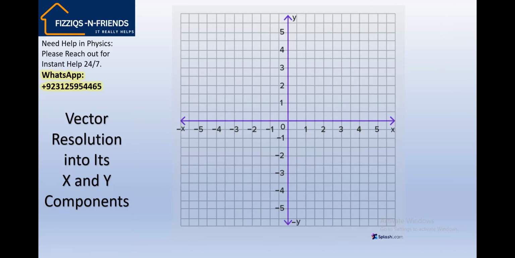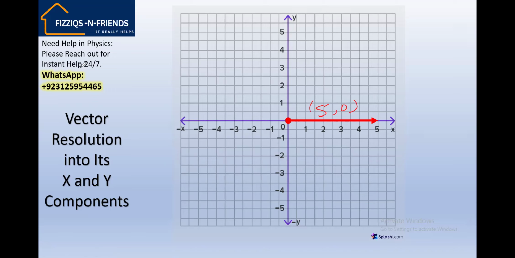For example, if you're moving along the x-axis up till 5, this vector is only along the x-axis. There is no value of this vector on the y-axis, right? So we will write 5, 0 here. There is no value along y.